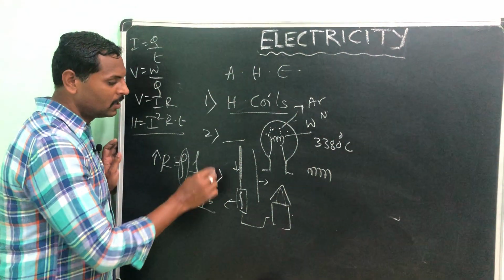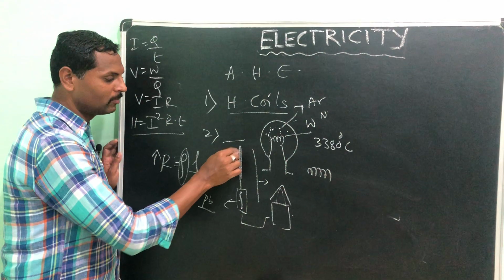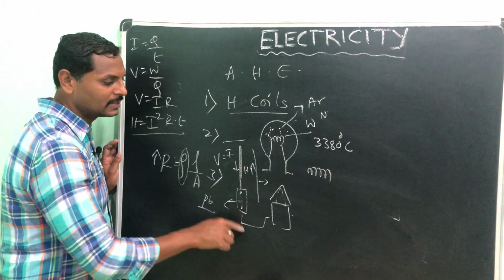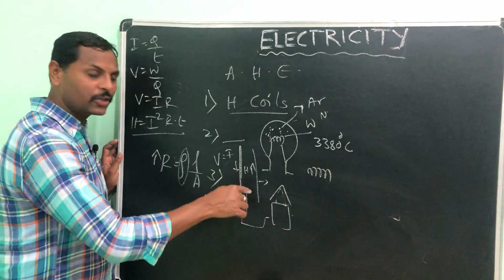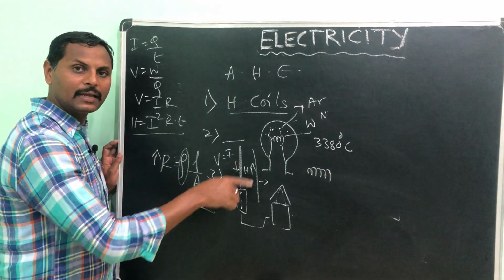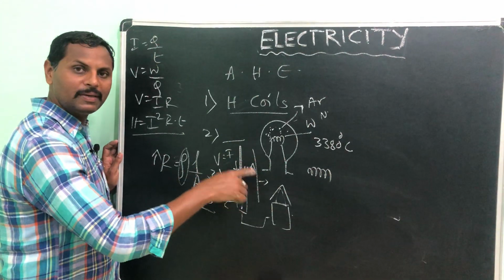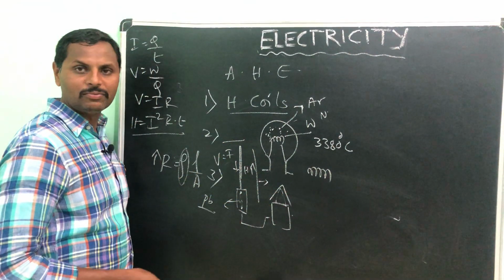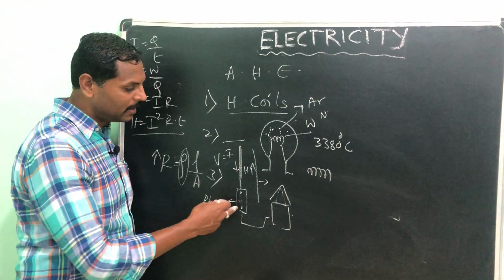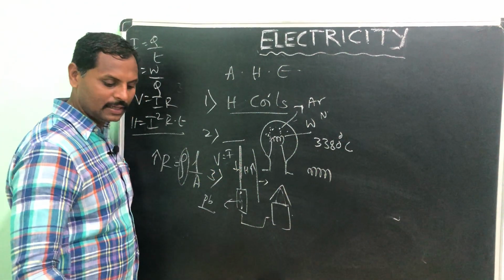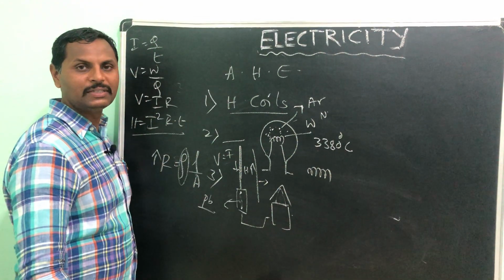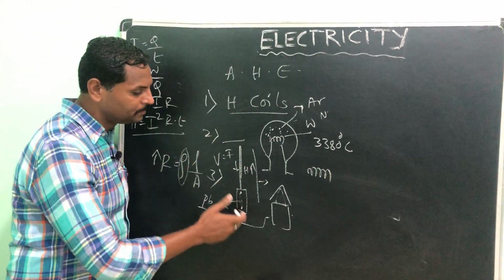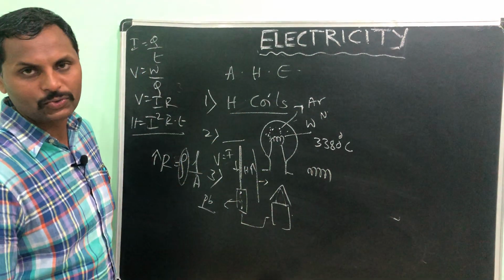Okay, if there is more voltage, that means more current induces more heat, so immediately it melts and the circuit is disconnected here, and immediately no current flows into the home, then all the devices will be safe. That is why, with more heat, the metal we are using, which has a lower melting point, that is lead, melts immediately and will not allow the current to pass through it.